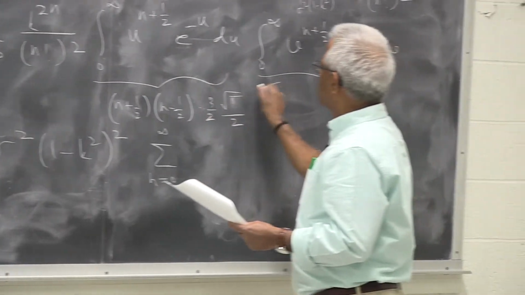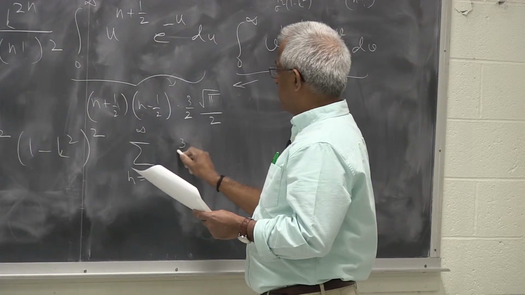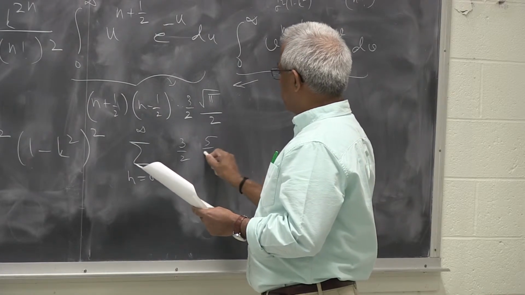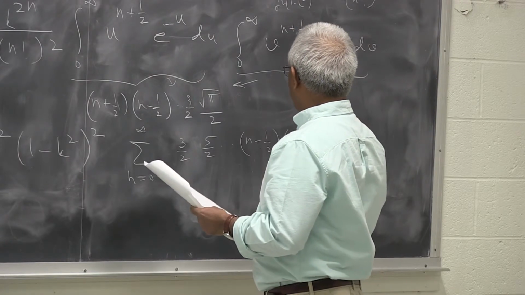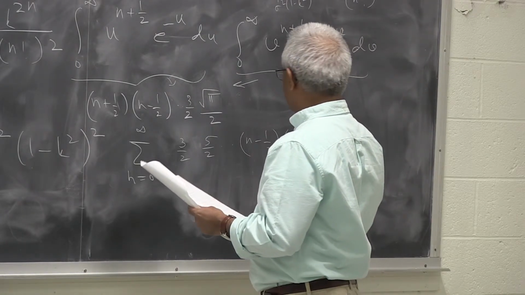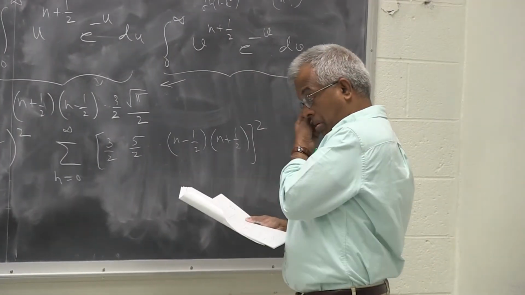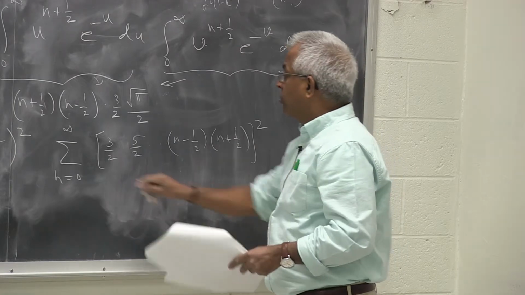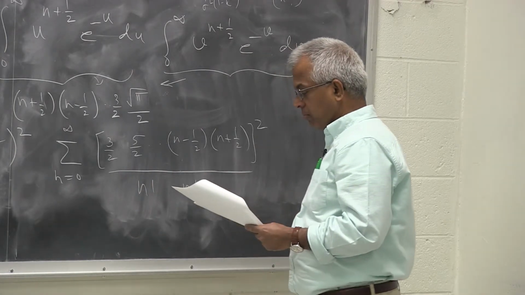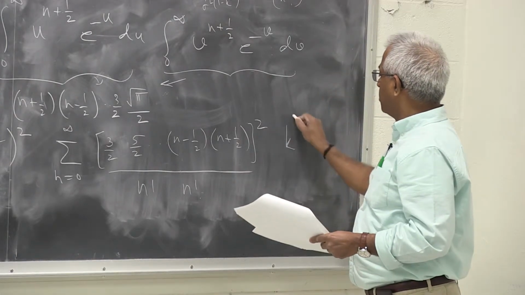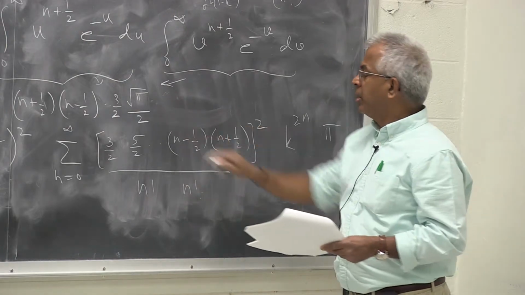This also the answer is the same. So this will be 3 by 2, then 5 by 2, etc. up to n minus half multiplied by n plus half. This thing squared. Then you have the n factorial 2 times. Then you have k to the power 2n. Then you have pi by 4.